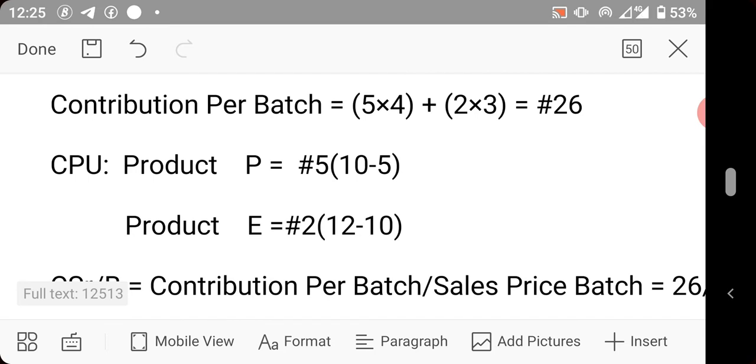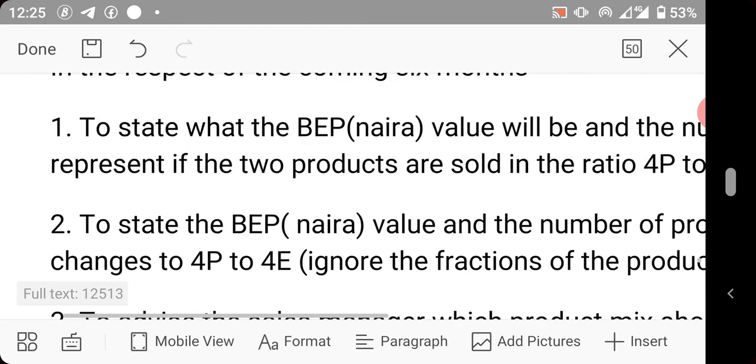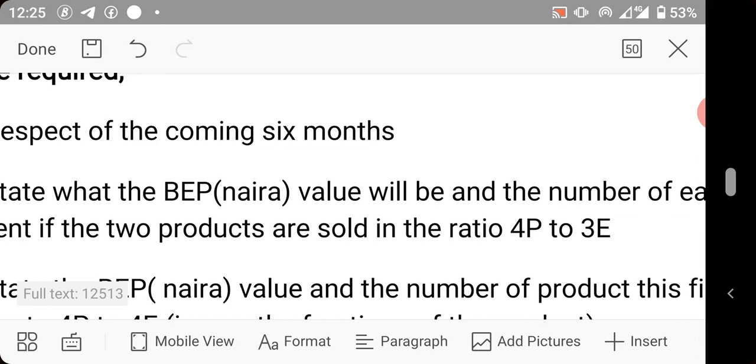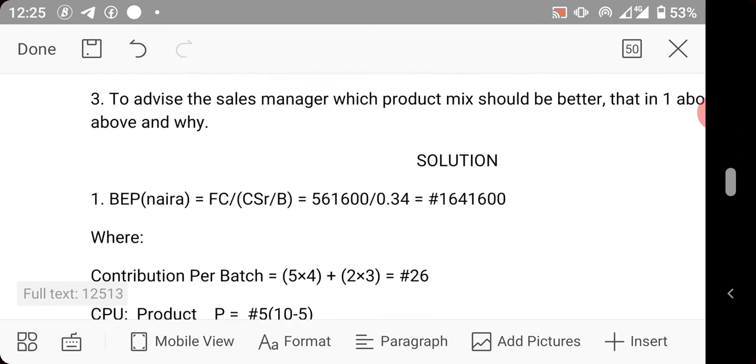That gives you 2 naira. The sales ratio was given in the question: the two products are sold in the ratio of P is sold 4, while E is sold 3. So the individual contribution per unit is multiplied against 4P and 3E. I hope that makes sense to you.